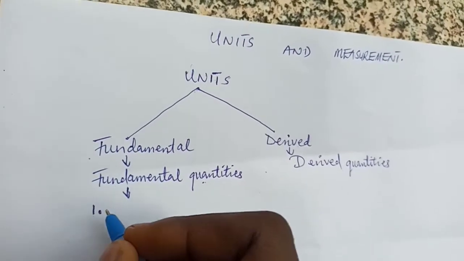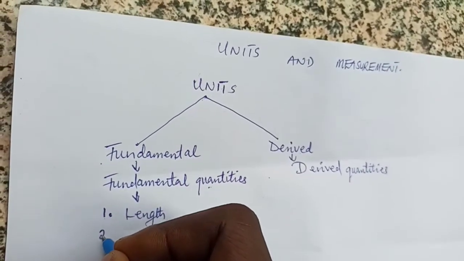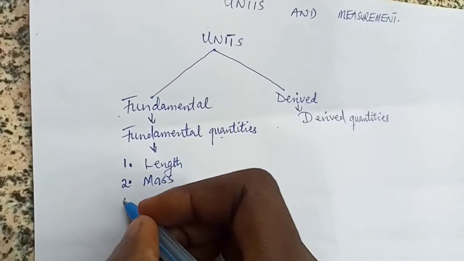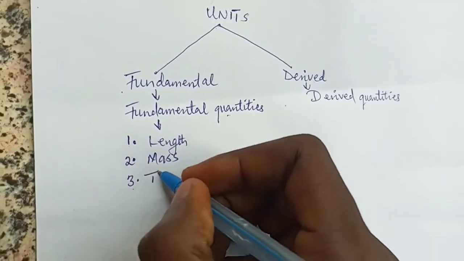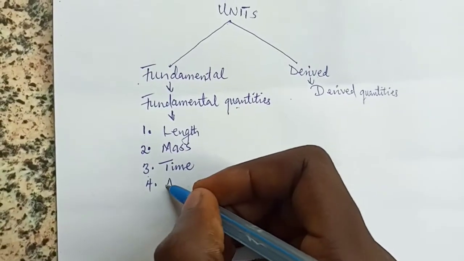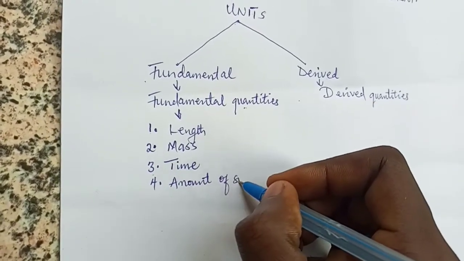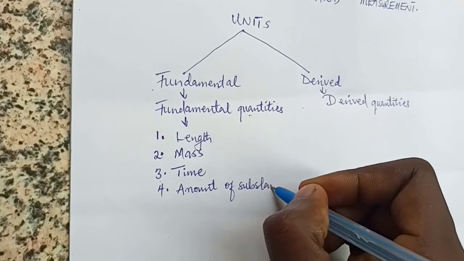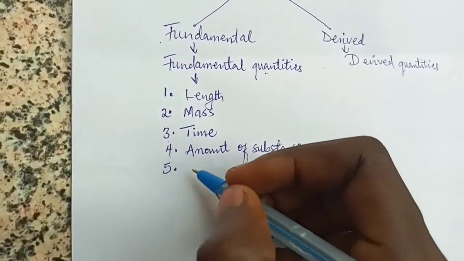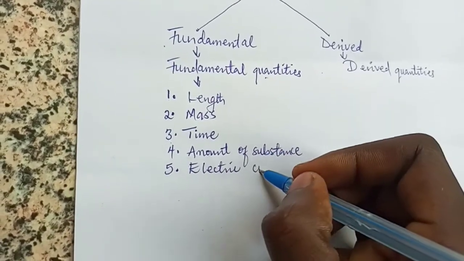We have the first one, length. The second one is mass. The third one, time. The fourth one, amount of substance. The fifth one, electric current.